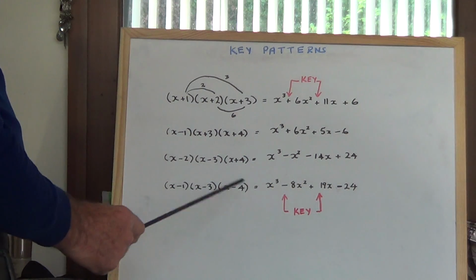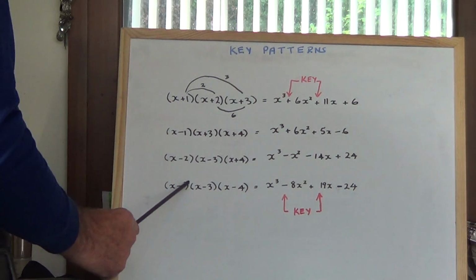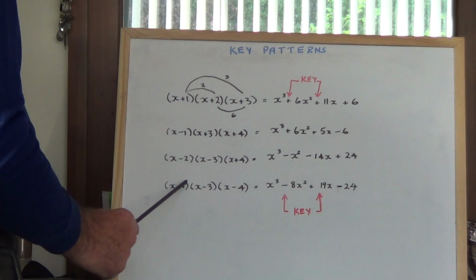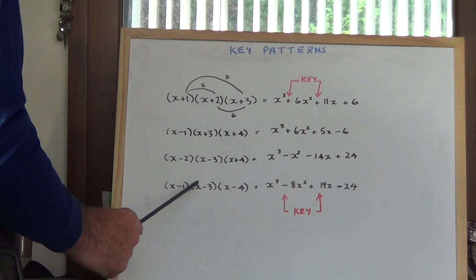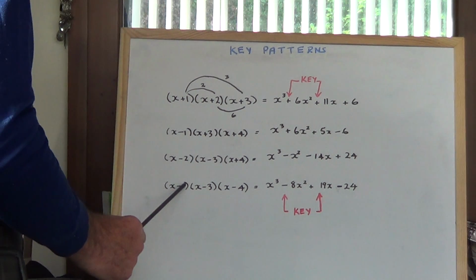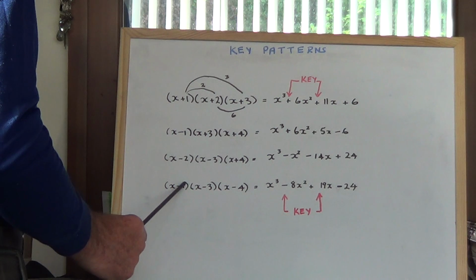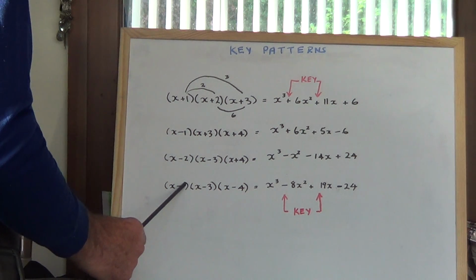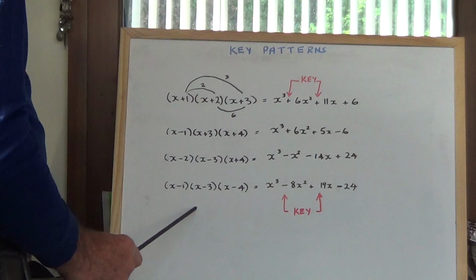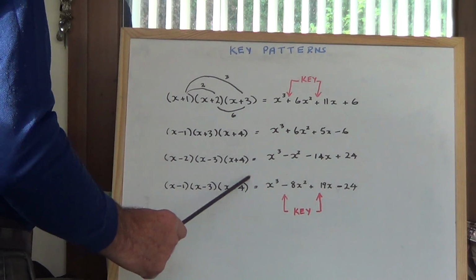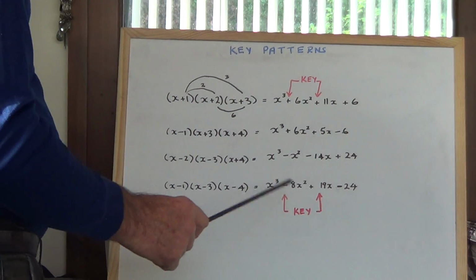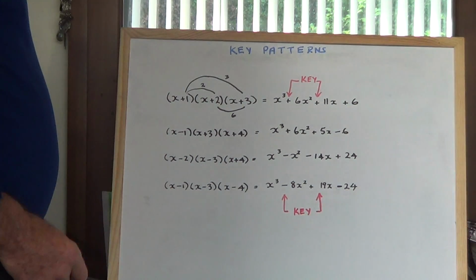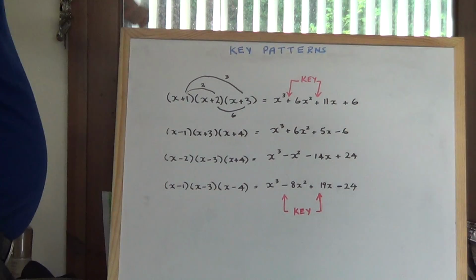Because what happens here to get that negative, the combinations of 2 will always be positive. Negative 1 times 3 is 3. Negative 1 times negative 3 is 3. Negative 1 times negative 4 will be 4. And negative 3 times negative 4 will be positive 12. So those are the key things.